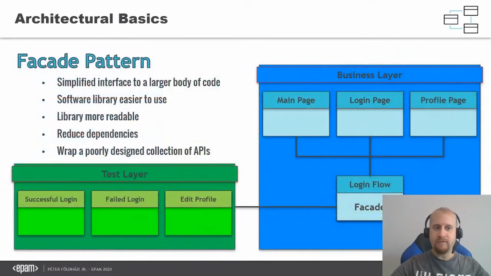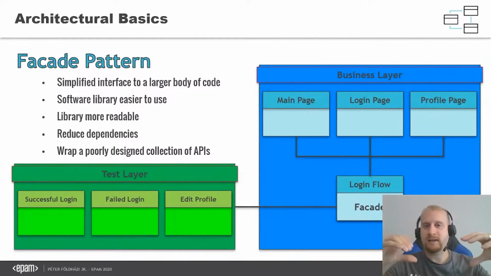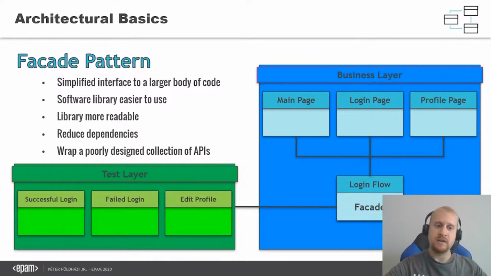My favorite out of these 23 patterns is the facade pattern, for several reasons. One of them is that it makes you understand the tri-layer testing architecture concept more easily. Same with the flow model pattern that I talked about in July on the previous Zoom night. So the facade pattern, what is it about?